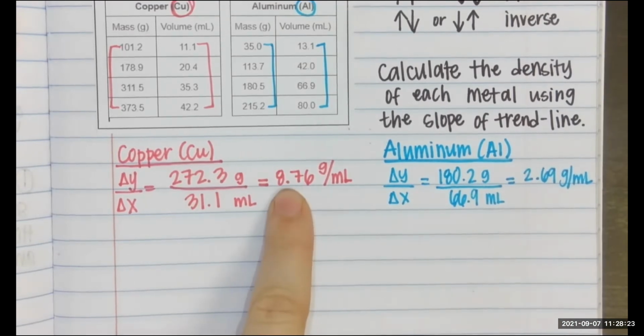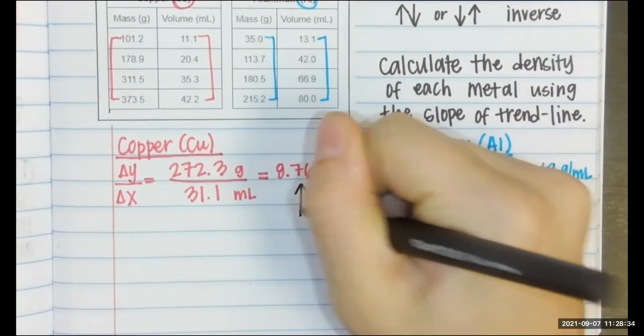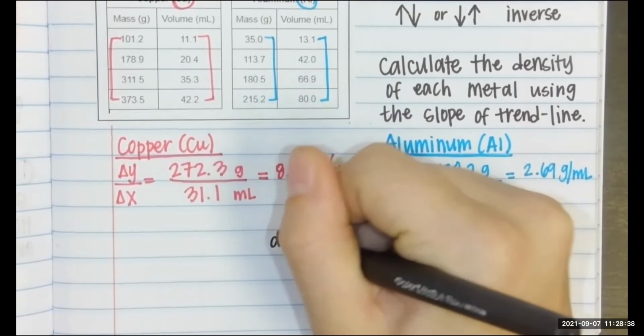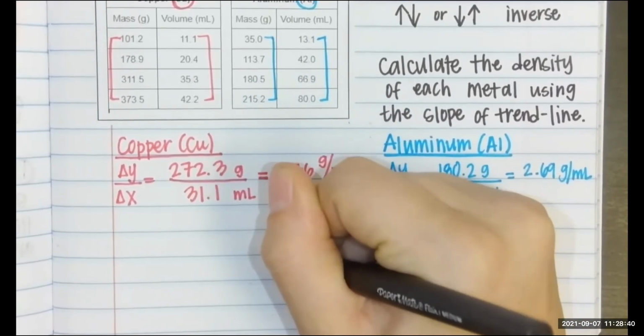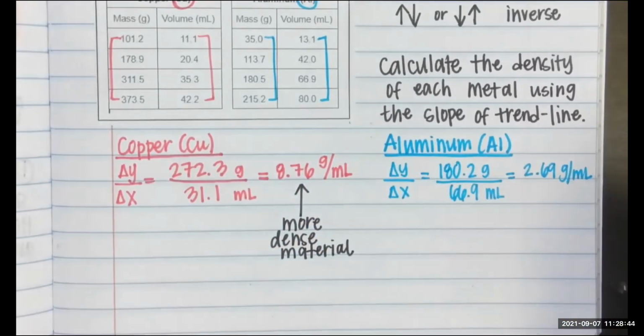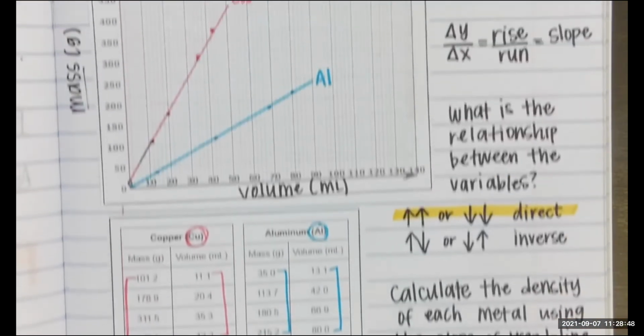This one's going to be 8.7 grams, right? So that's what it's saying. Copper is a much more dense material. Which is kind of cool because, since the slope is the density, check it out.